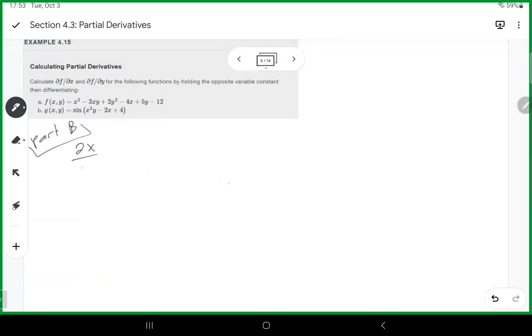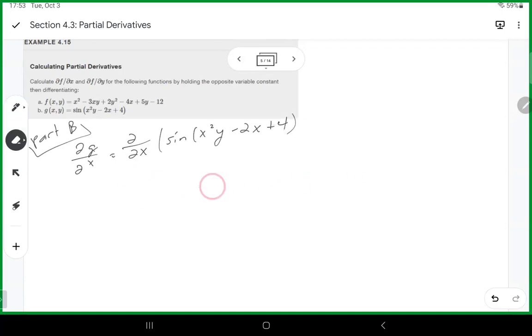So all right, we're going to end up with the cosine of x squared y minus 2x plus 4.